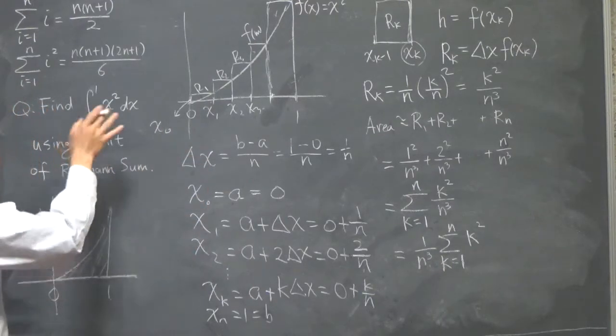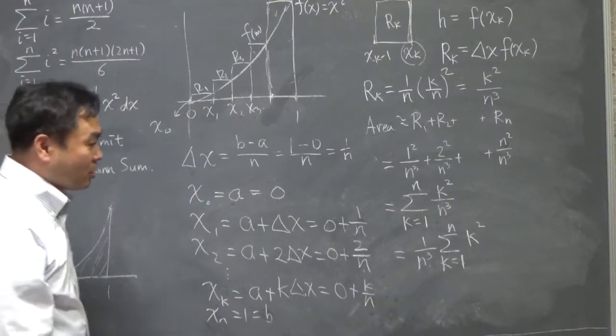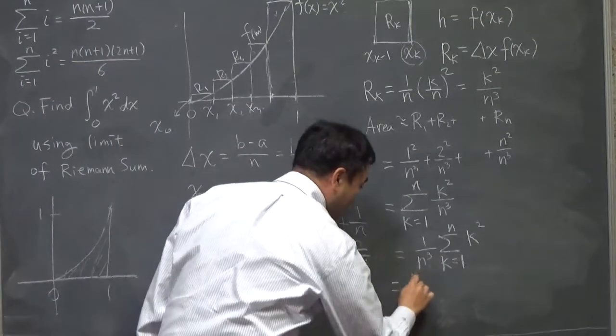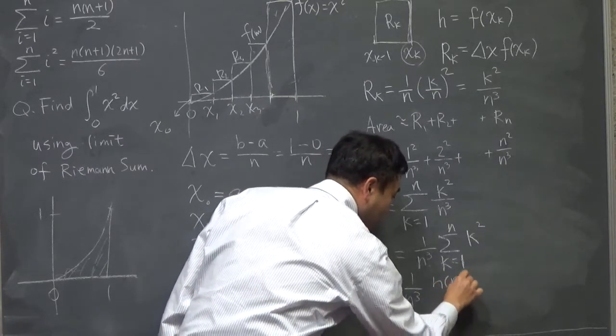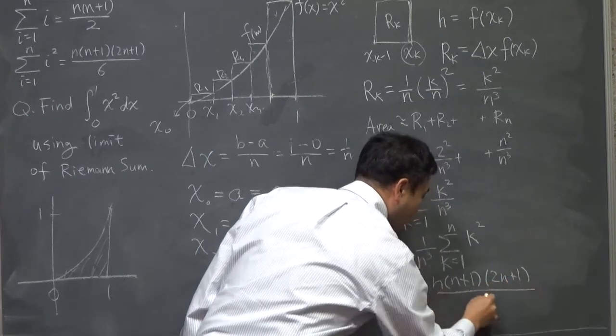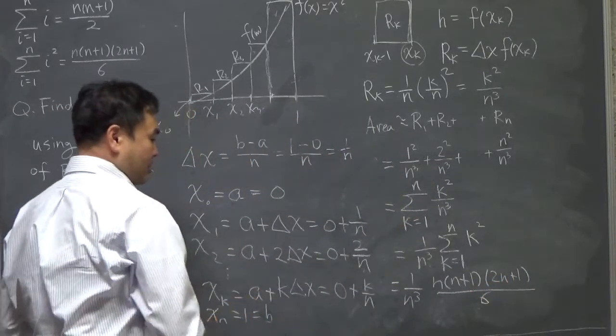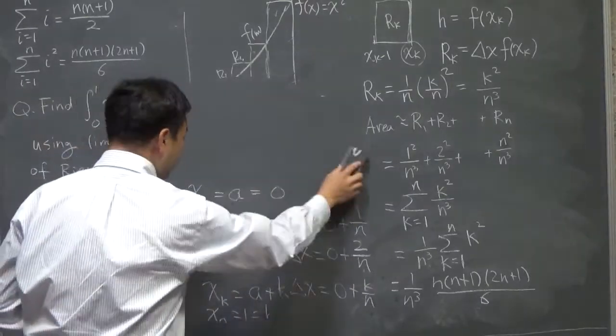So whether you use k or i, it doesn't matter. The result is still this one. So what you get is that this must be 1 over n cubed times n times n plus 1 times 2n plus 1 over 6. All right, so that's our area.